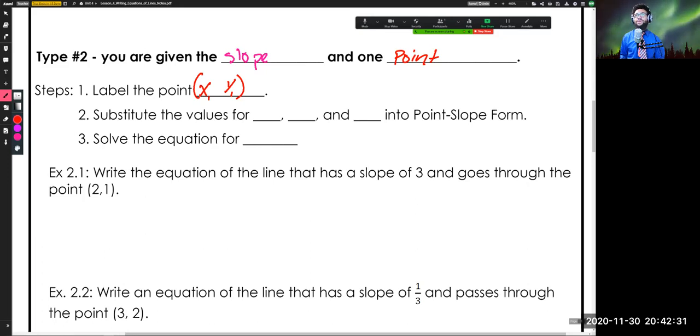Then we're going to substitute our values for m, x, and y. I'm going to write x and y first because I have that color selected. Then I'm going to come back and put my m in the right color. And then we're going to solve the equation for y. And here's where our point slope comes in, okay?